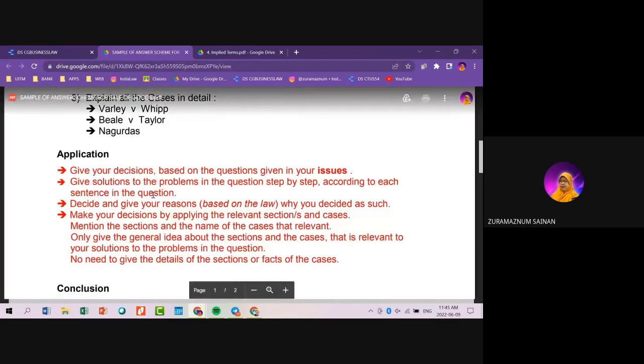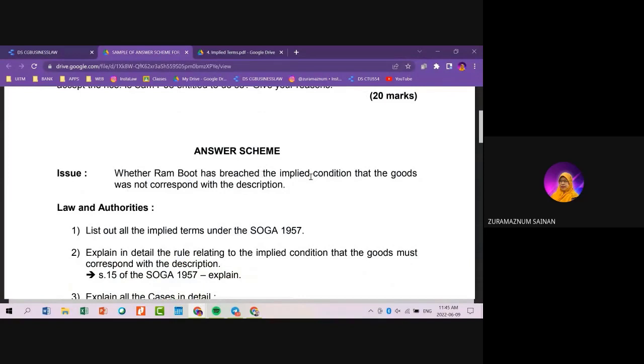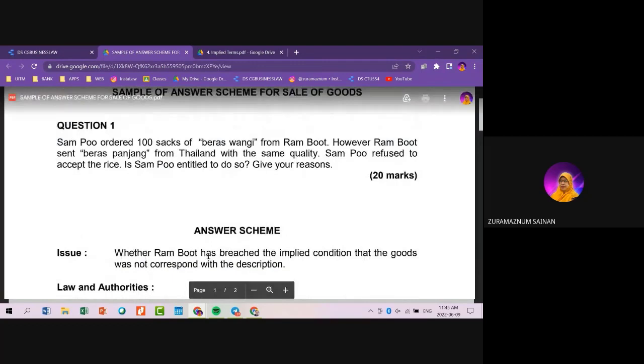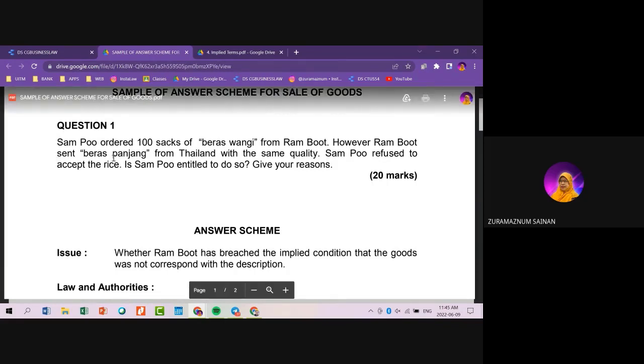Settle it. Settling means answering the issue again. Rambut has breached the implied condition that the goods corresponded with the description. Why? Relate it to the question. Because Sampu ordered beras wangi, 100 sets of beras wangi. The description is about beras wangi. However, the seller Rambut supplied beras panjang.